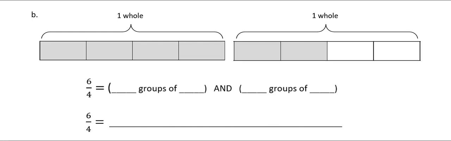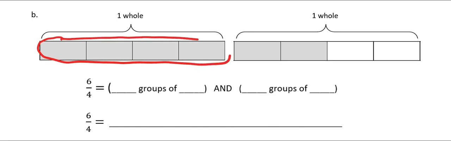Here's another example doing the same thing. This time I have 6/4. I have more than one whole. I'll break it into 2 groups. The first group will be the fraction that makes up the one whole. Since the whole has been divided into fourths, I have 4 groups of 1/4.